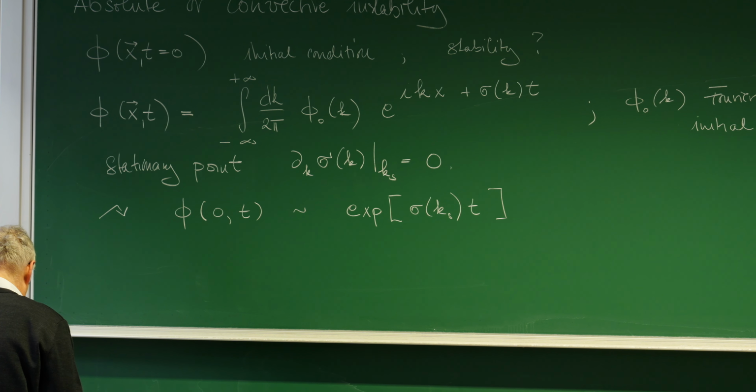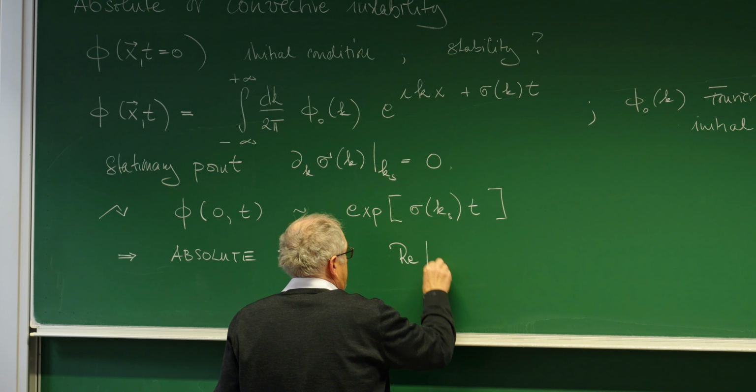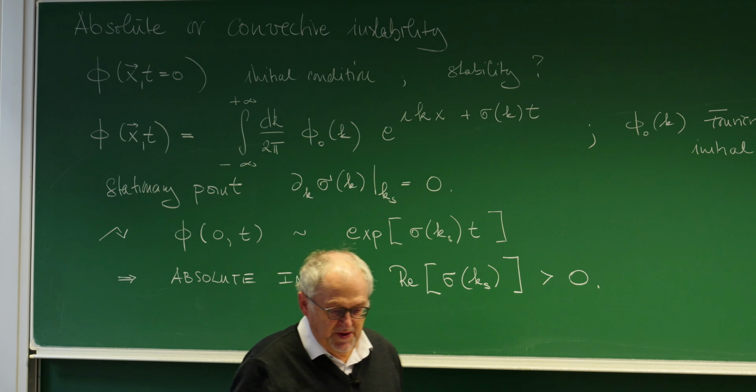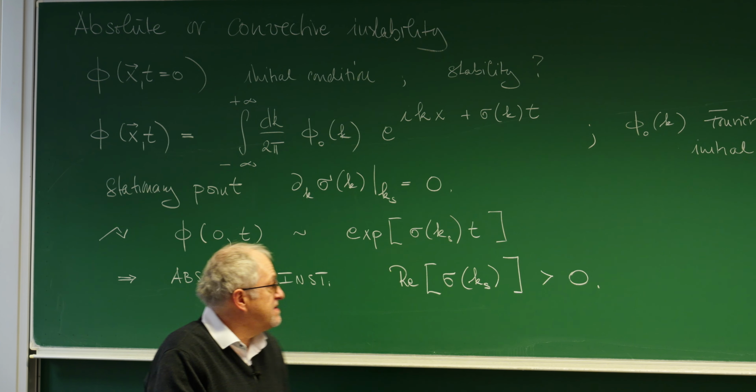if the real part of this dispersion relation, so the real part of sigma at this stationary wave vector, is positive. Okay, so that's what you need to evaluate, whether that's actually the case.